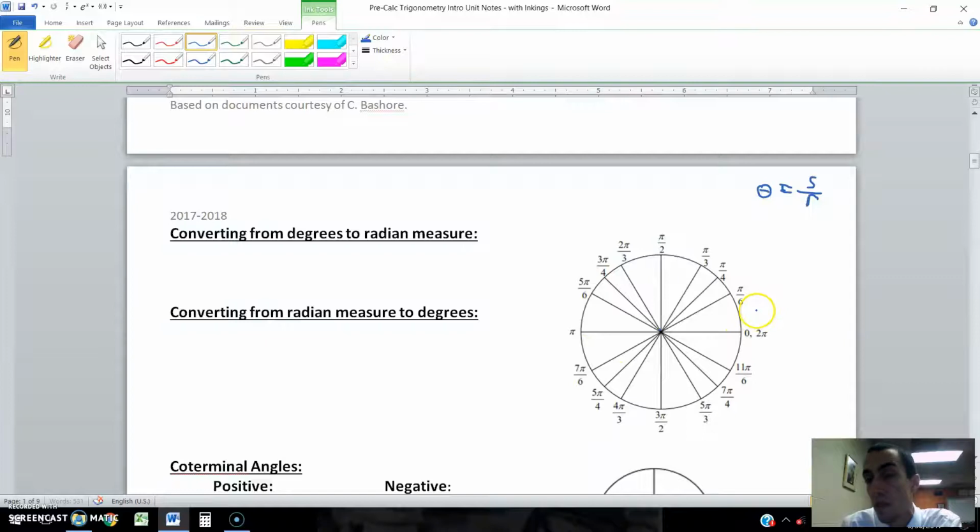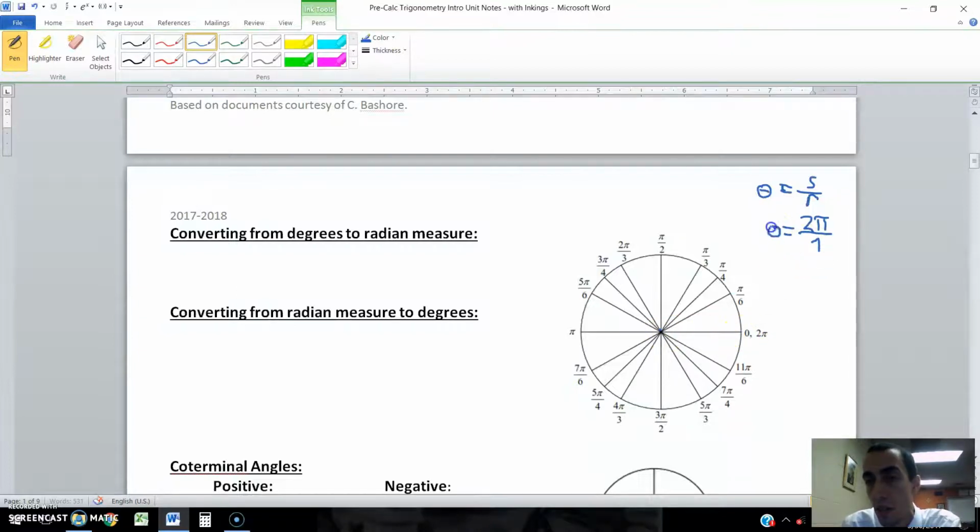The circumference of the circle is measured by pi times the diameter. The diameter is 2 units, like we said just a moment ago. And so that arc length would be 2 times pi. The radius of this circle is 1 unit, as we also mentioned earlier.